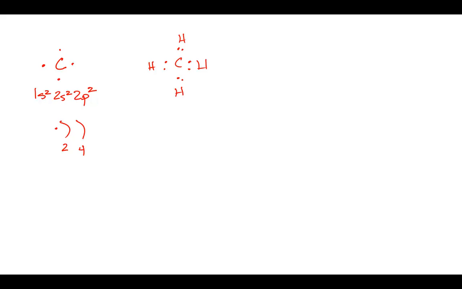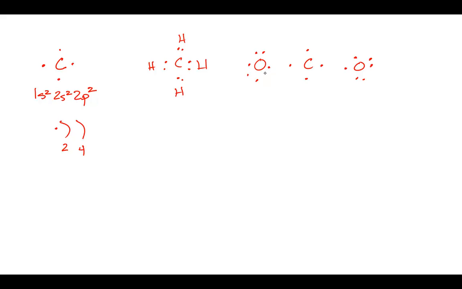If we look at something like carbon dioxide, we have carbon, again 4 valence electrons, and we have oxygen, which has 6 valence electrons. And again, the driving force here is for atoms to have a full outer shell of 8, and carbon and oxygen do this by sharing their electrons.